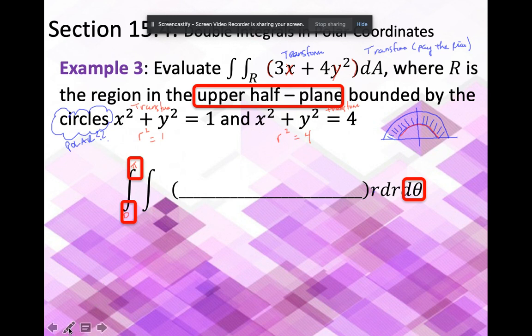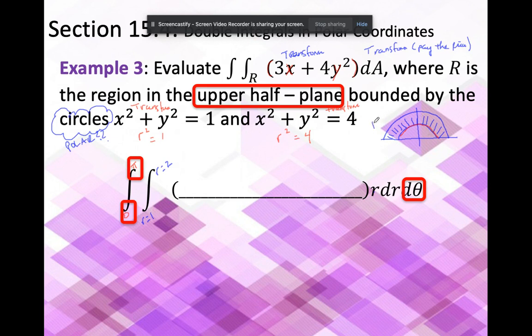And then how about my r's? What are my r's going to be? Well, if r squared is equal to 1, the smaller circle is r equals 1. And if r squared is equal to 4, what is r equal to? 2. So I've taken care of my region, right?